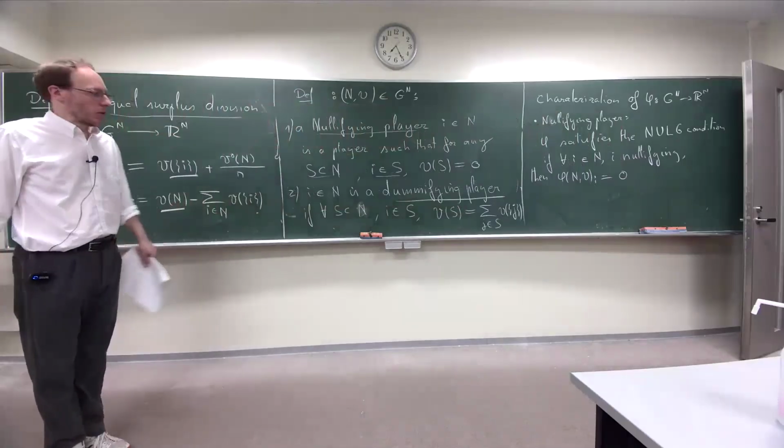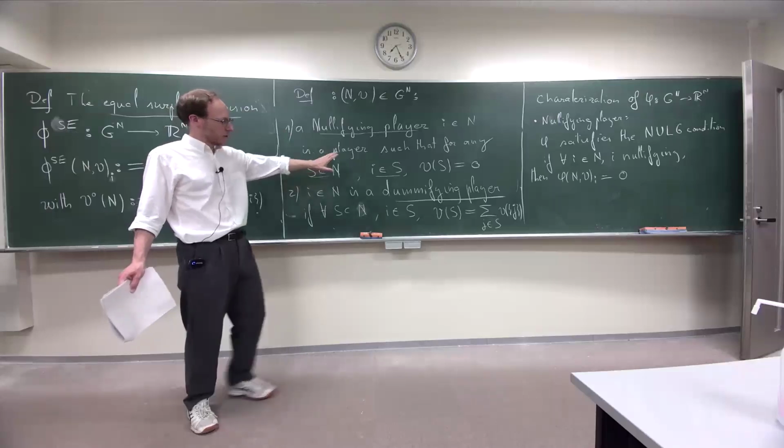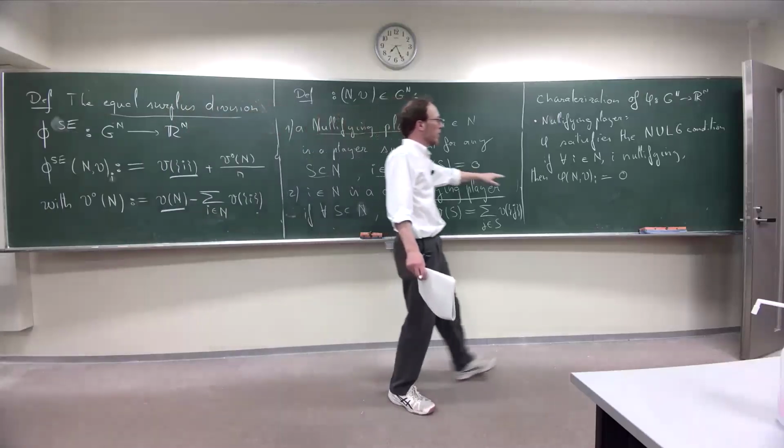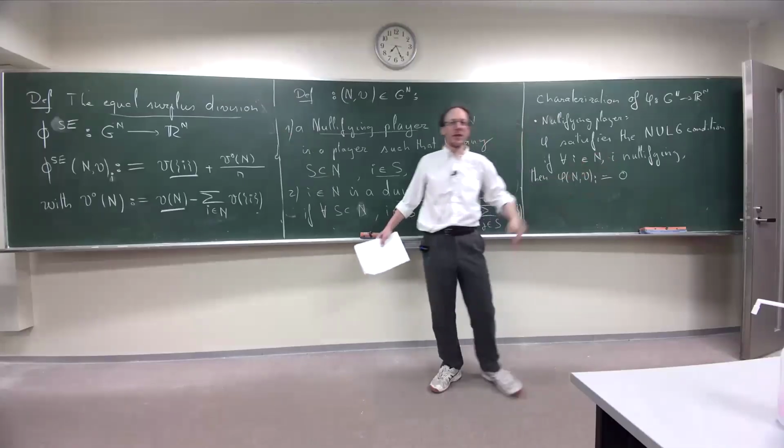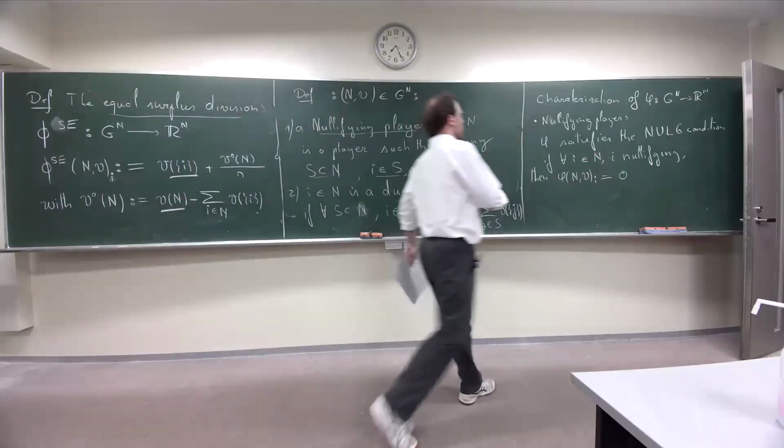Which is quite reasonable: if whenever this guy is in a coalition, the coalition has 0, the rule should give 0 to this player.